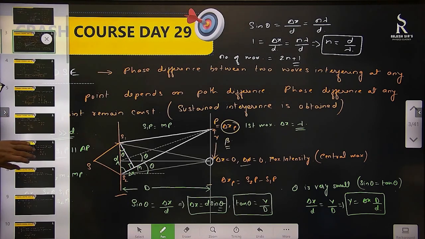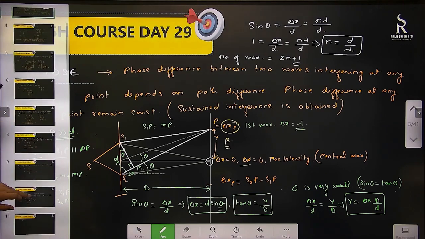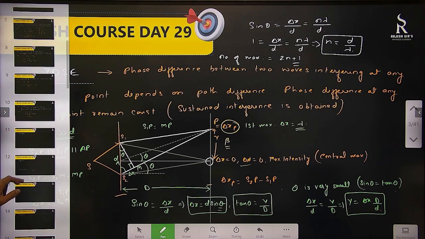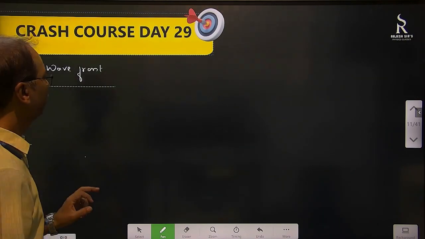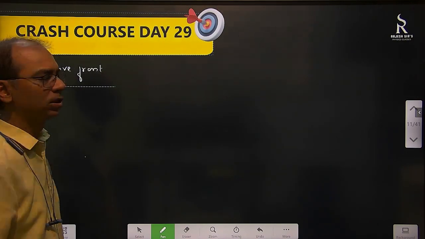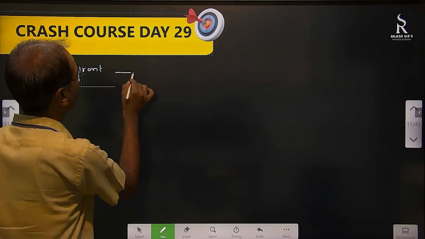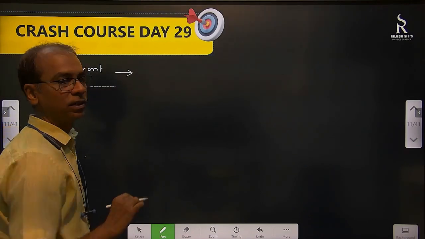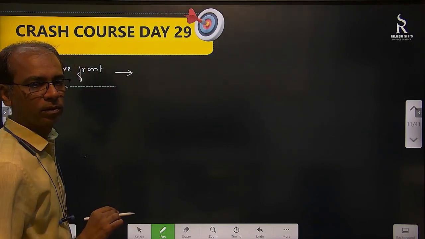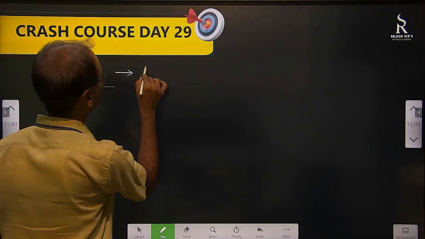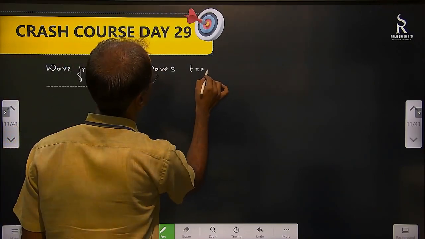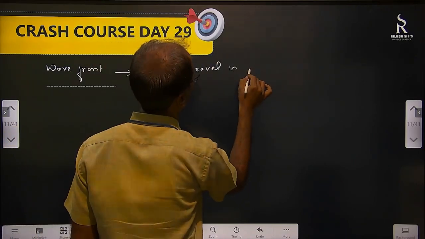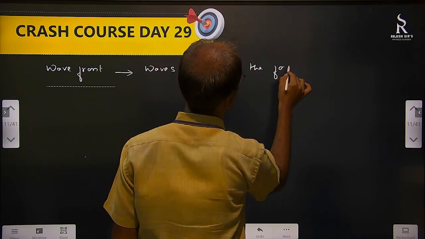Now what is next? Next is a little bit of idea about wavefront. What is a wavefront? The wavefront was the idea given to us by Huygens. According to it, waves travel in the form of wavefronts.